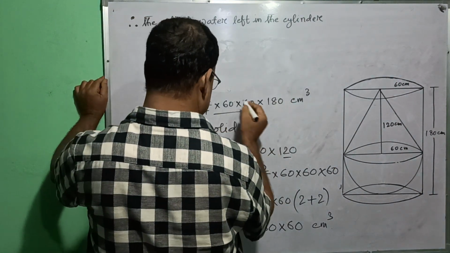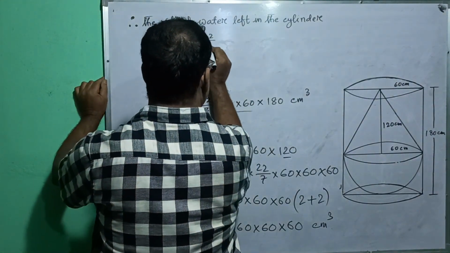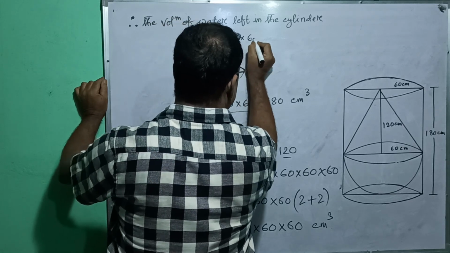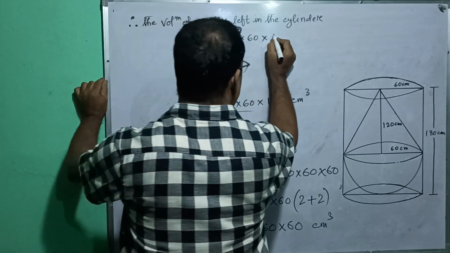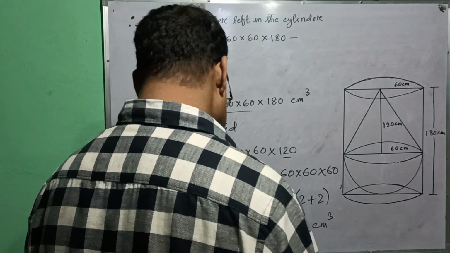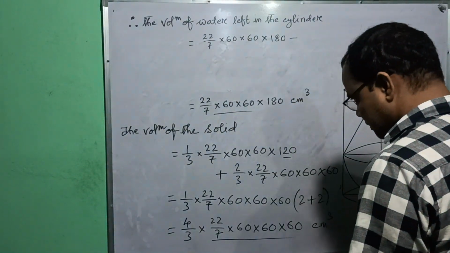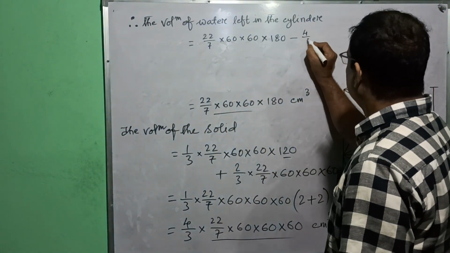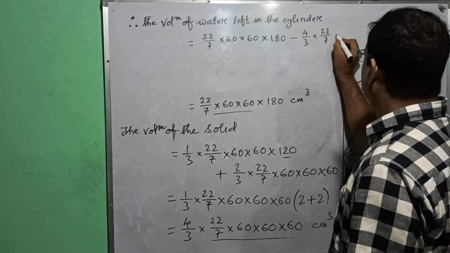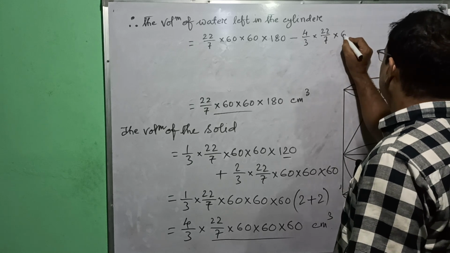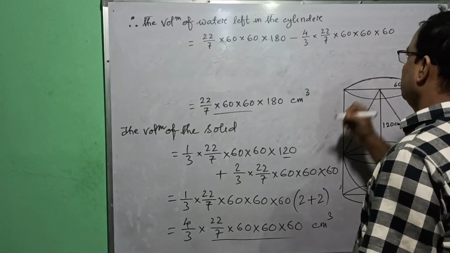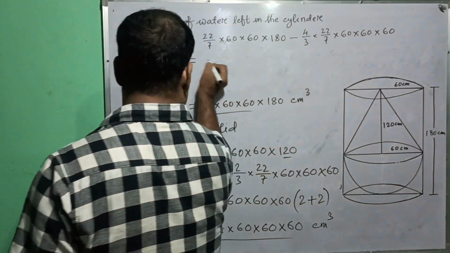So we'll write it first, 22 by 7 into 60 into 60 into 180 minus, now we'll write that one. So it is 4 by 3 into 22 by 7 into 60 into 60 into 60, that one, equal.